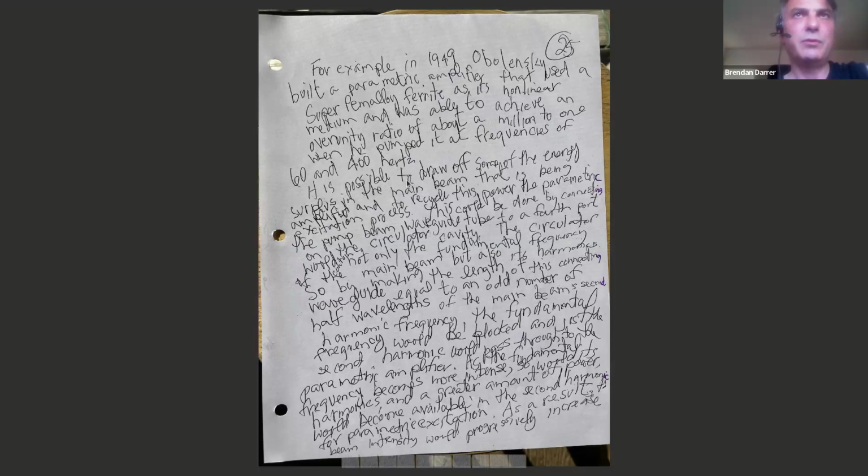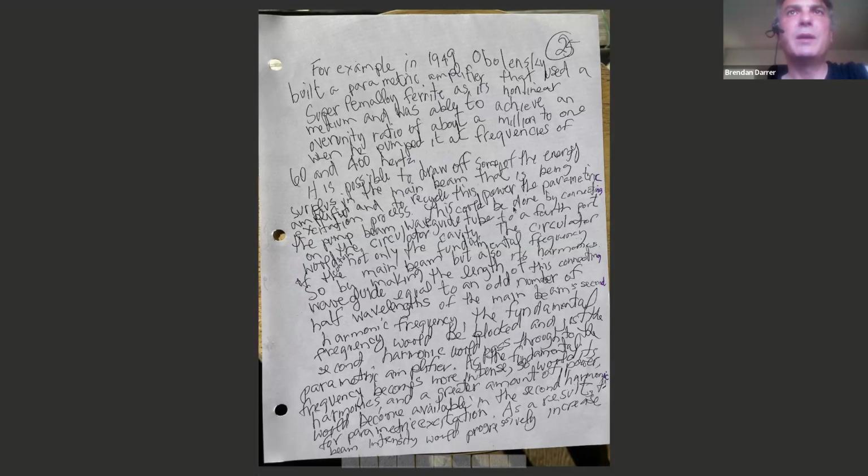It is possible to draw off some of the energy surplus in the main beam that is being amplified, and to recycle this power in the parametric excitation process.